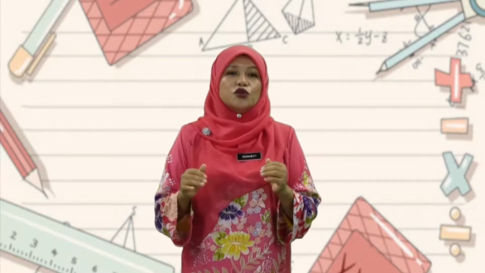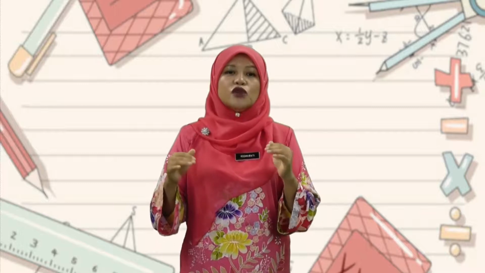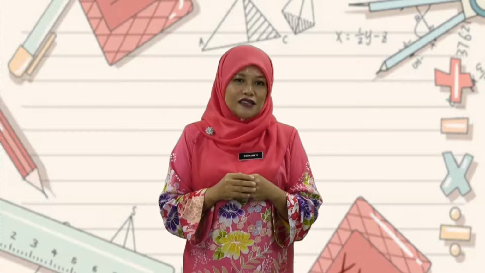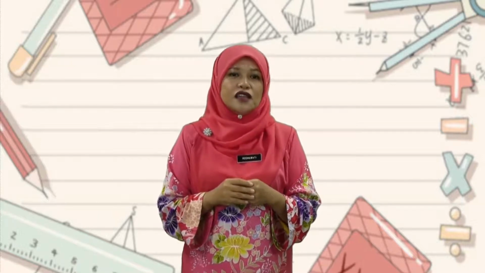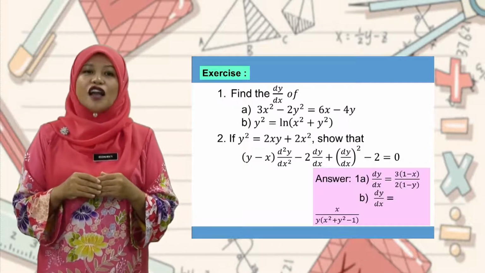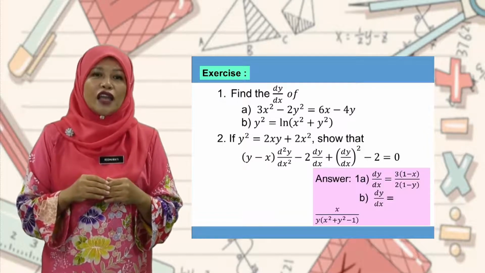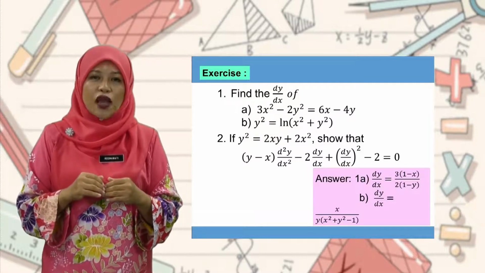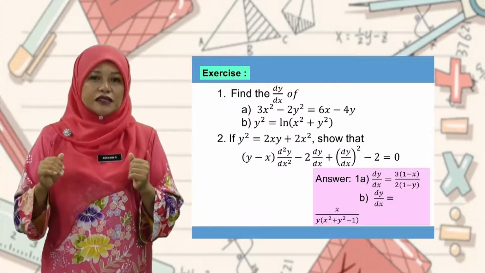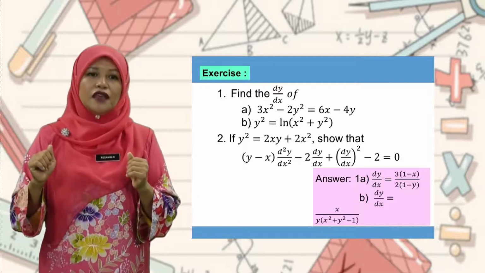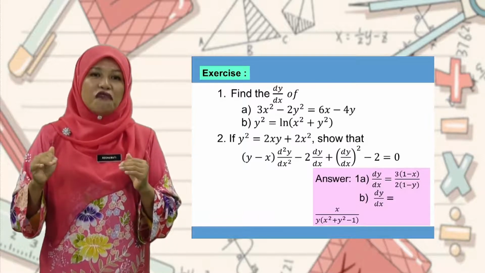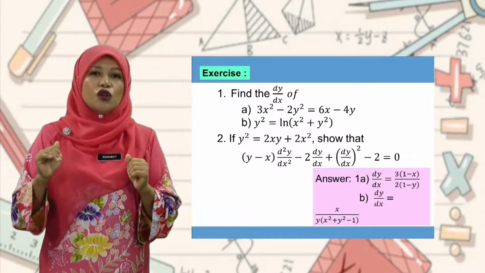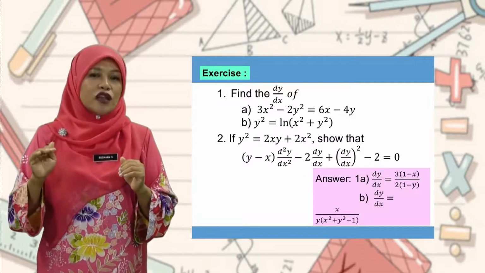For you to understand better, I give you 2 exercises. The first question asks you to find dy dx. Part A: 3x squared minus 2y squared equals 6x minus 4y. Part B: find dy dx for y squared equals ln of x squared plus y squared.